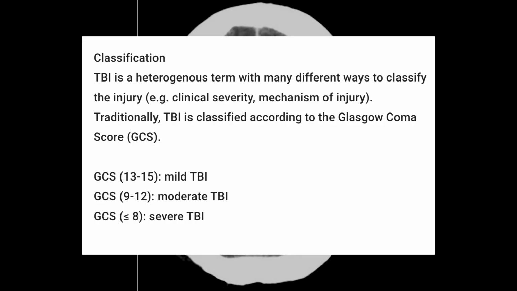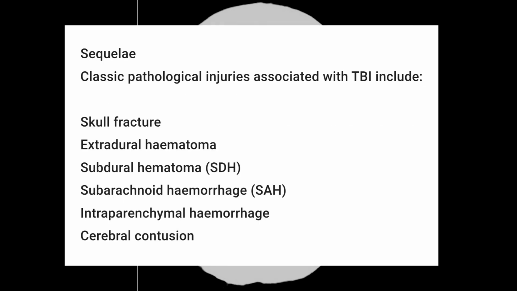Traditionally, TBI is classified according to the Glasgow Coma Score, GCS: GCS 13 to 15, mild TBI; GCS 9 to 12, moderate TBI; GCS less than or equal to 8, severe TBI. Sequelae. Classic pathological injuries associated with TBI include skull fracture, extradural hematoma, subdural hematoma, SDH, subarachnoid hemorrhage, SAH, intraparenchymal hemorrhage.